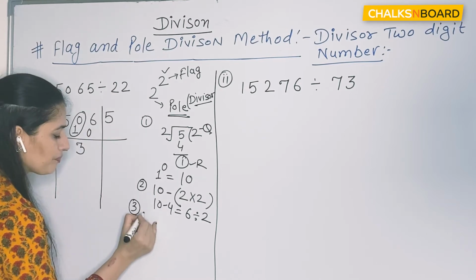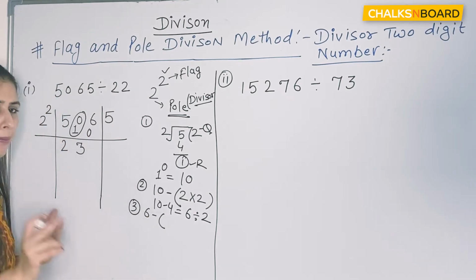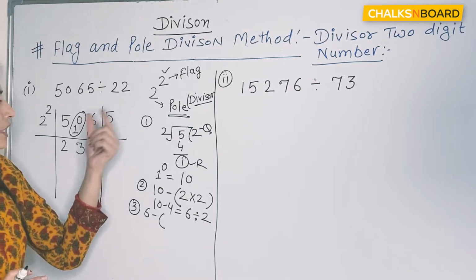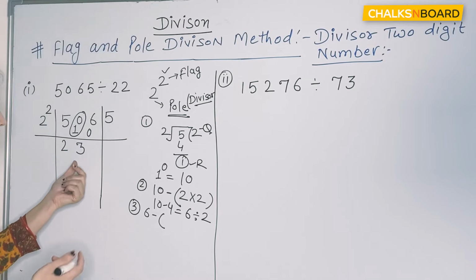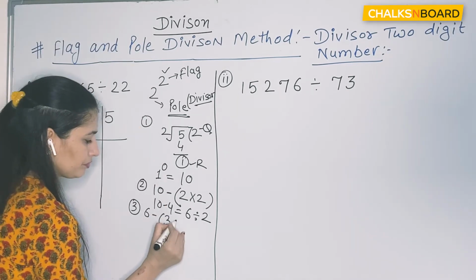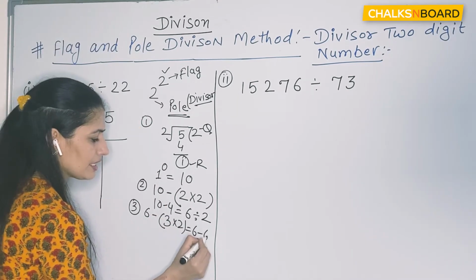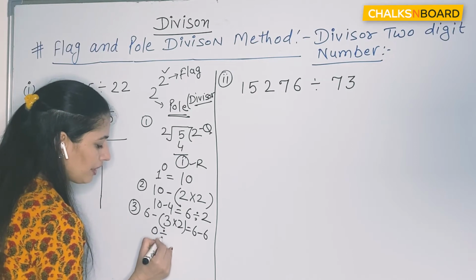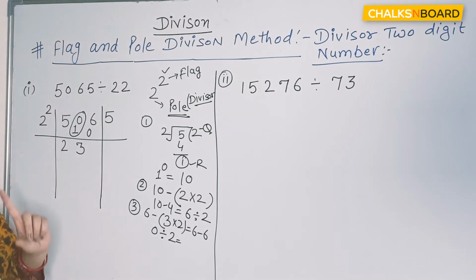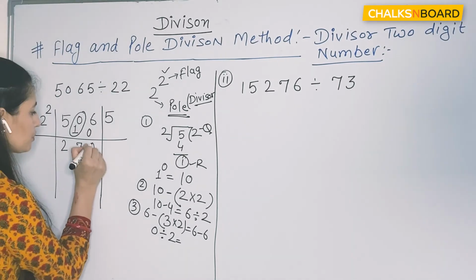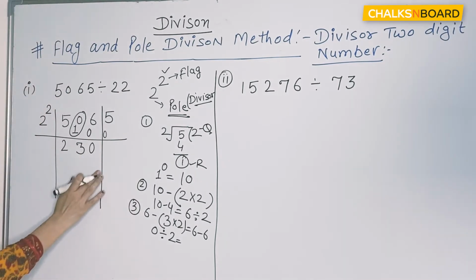You can say 6 minus the multiplication of flag and the previous quotient. That is 3 2s are 6. 6 minus 6 is 0. And when we divide 0 by the pole, which is 2, we get quotient and remainder both 0. So 0 here and 0 here.